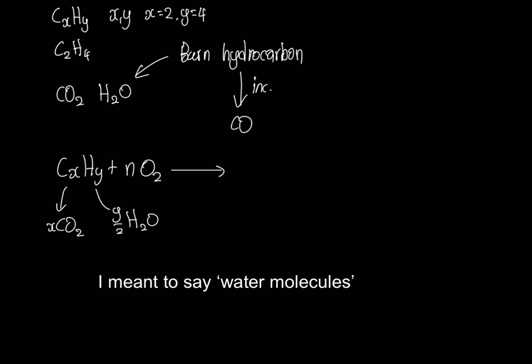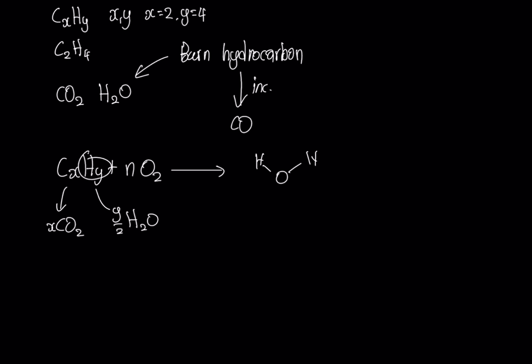Because a water molecule contains 2 hydrogens, as you can see here. So if I want to attach all of these hydrogens to water molecules, I'm going to need to use 2 hydrogens per water molecule. So that's why in complete combustion, you're going to get y over 2 waters. And the same reasoning goes with why I have x carbon dioxide molecules.